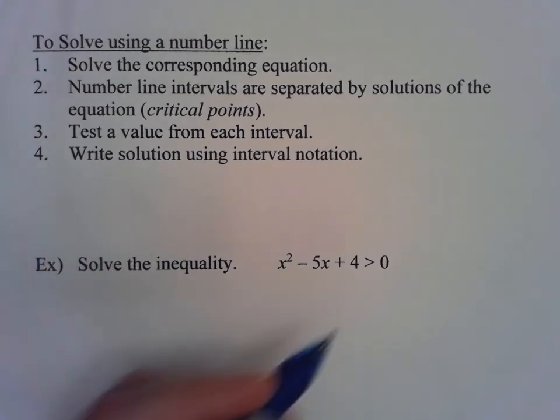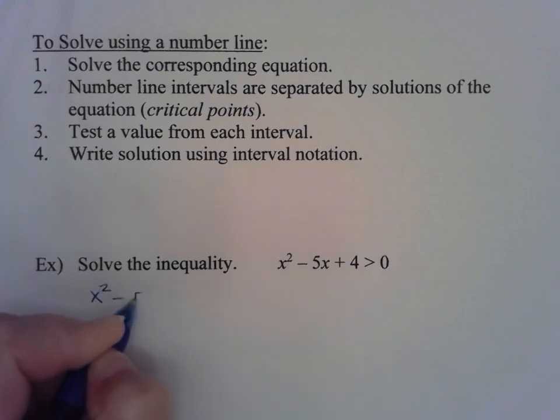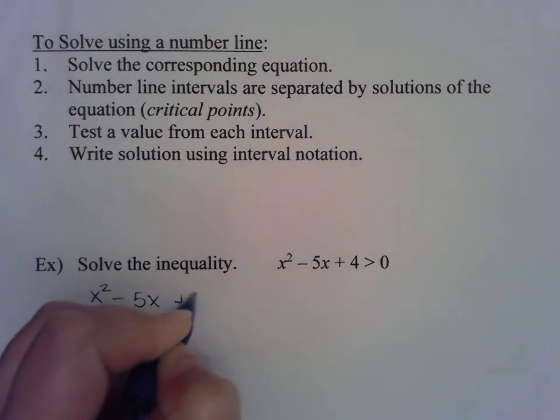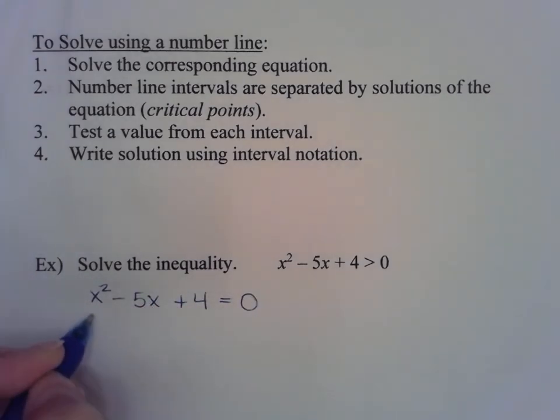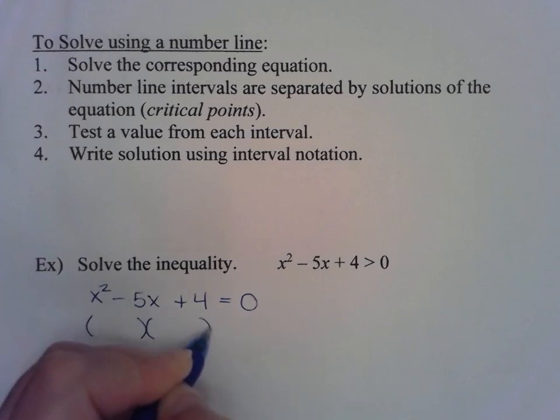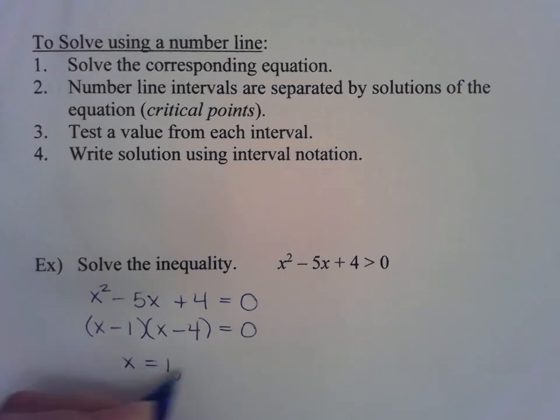So for this problem, the first step is the same. So I'll just recopy it here, but I know we just did the same problem. I'm going to put in the equal sign and solve. We said this one is factorable. And we got 1 and 4.